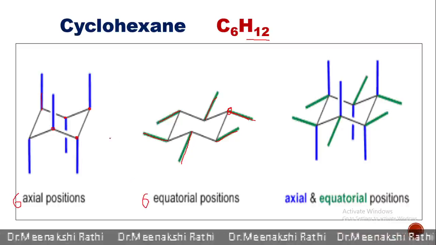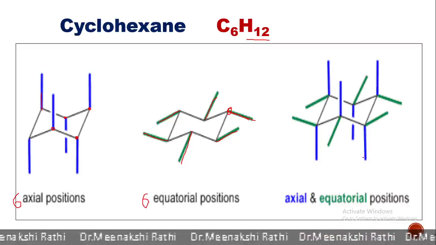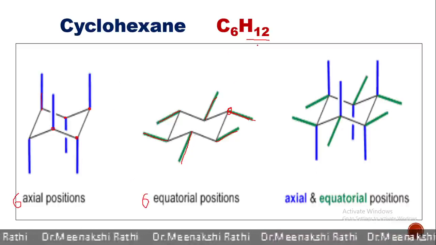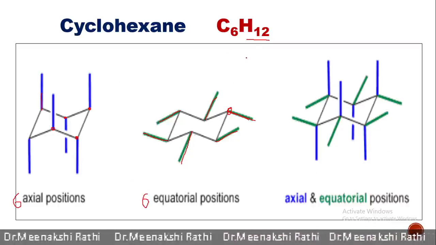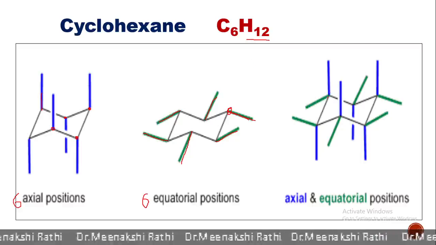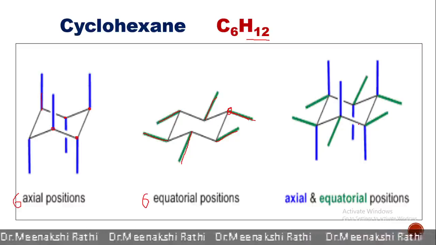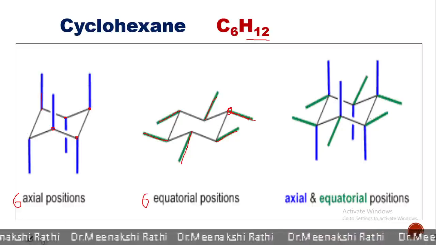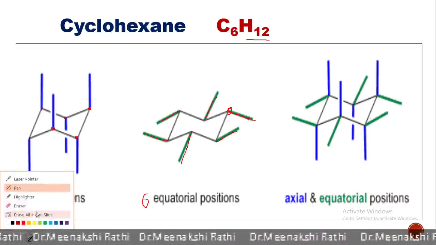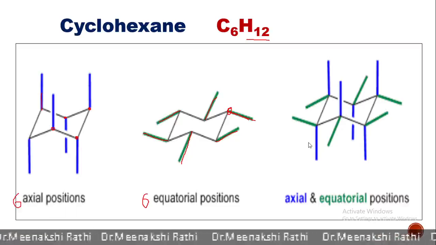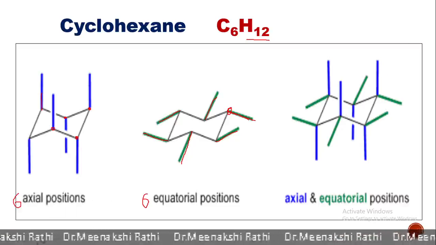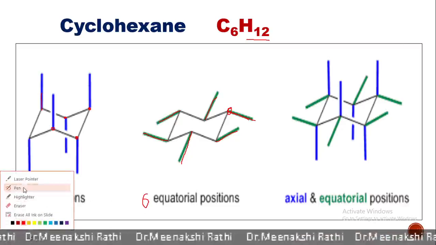And when these two are combiningly represented in a C6H12 molecule, there are 6 carbon atoms, and at each carbon atom, 2 hydrogen atoms are attached. Out of these 2 hydrogen atoms, one is always axial, while the other is equatorial hydrogen.